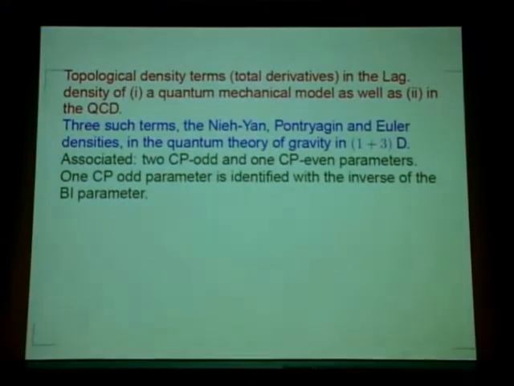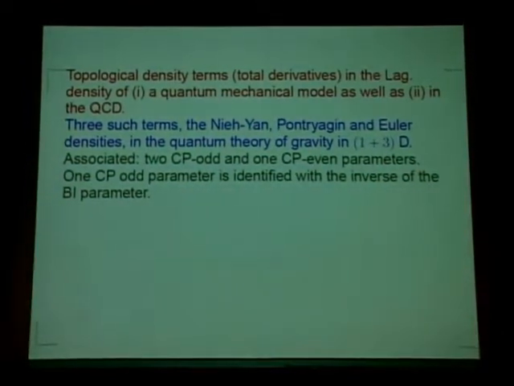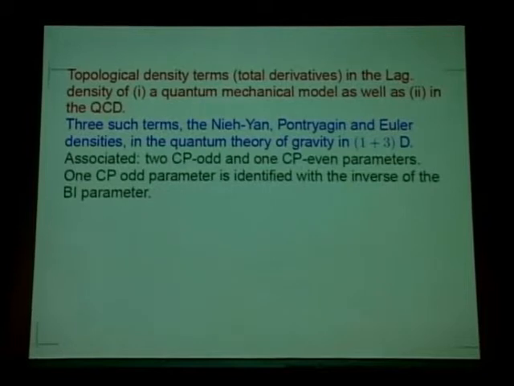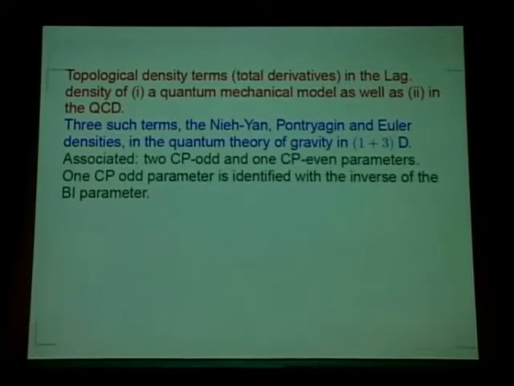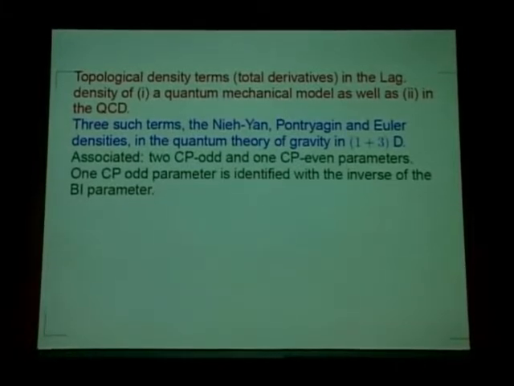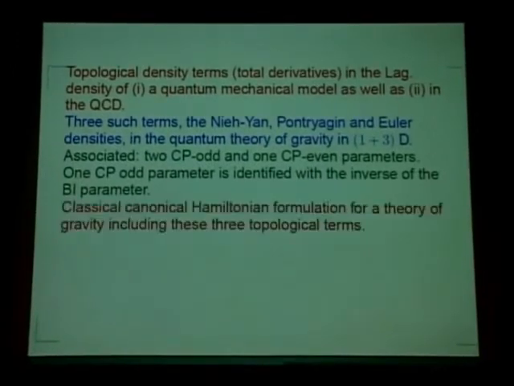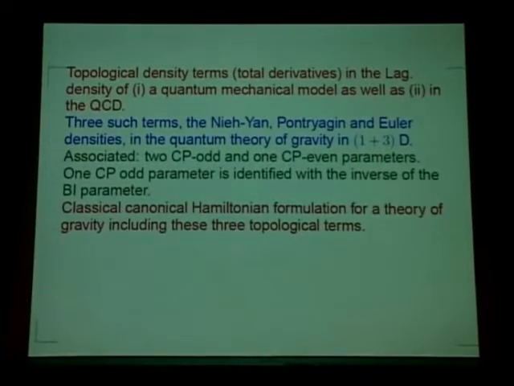And associated with these three terms, there are two CP odd and one CP even parameters, and one CP odd parameter, which is identified with the coefficient of the Nieh-Yan term, is really the inverse of what is known as the Barbero-Immirzi parameter. I'll set up a classical canonical Hamiltonian formulation for the theory of gravity, including all these three topological terms.